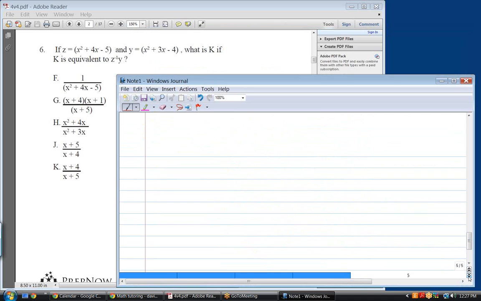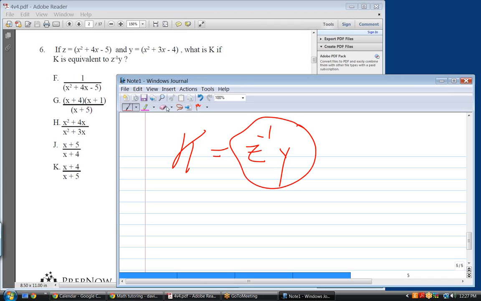So there's z, there's y. What is k if k is equal to that? How do I figure out what that is? I have no idea.